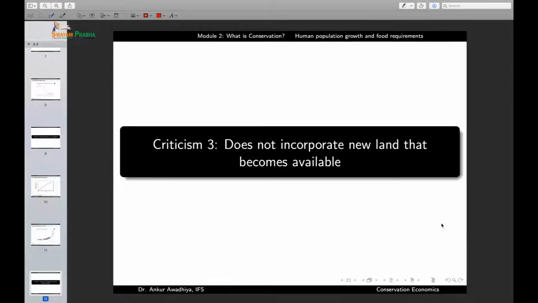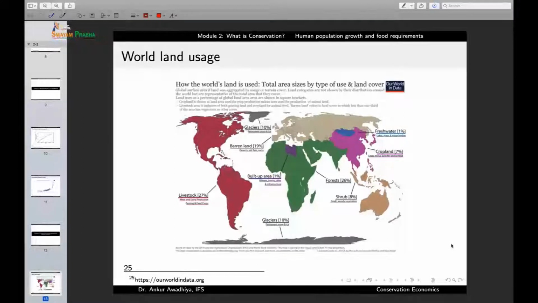Third, Malthus did not incorporate the new land that becomes available with time. So, if you look at how the land throughout the world is being used for different purposes, what is the land use?